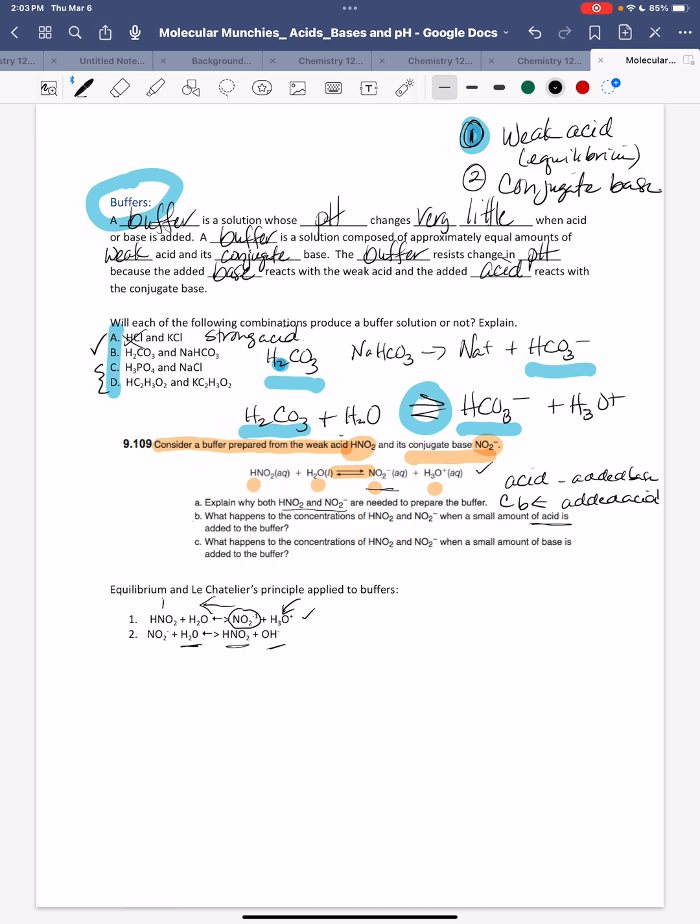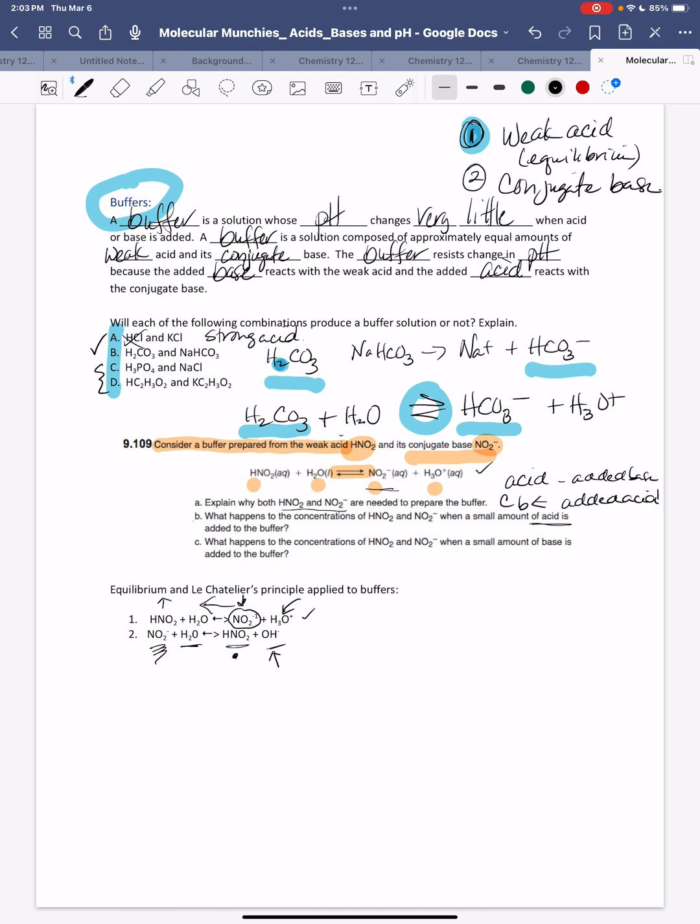That's going to increase the concentration of the HNO2 and decrease the concentration of the NO2 minus. So the buffer is reacting to this added acid. And when I add small amounts of base, that base is going to react with this acid, and that's again going to shift this equilibrium over and increase the concentration of the NO2 minus.